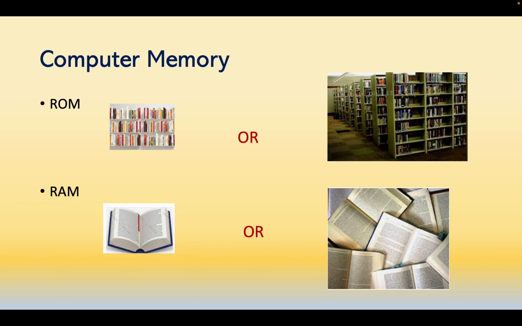Now the thing about RAM is, the more random access memory you have in your computer means the more tasks you can be doing at any one time, the more books you could have open. So to give you an example of how this might work, if you're sitting at home and you're watching, let's say, on your phone, or maybe on a laptop, something on YouTube.